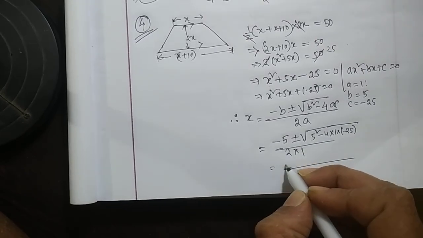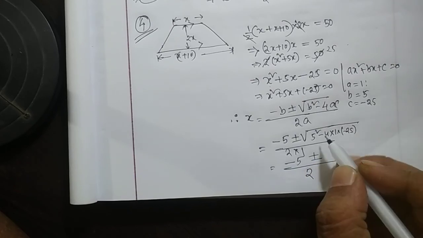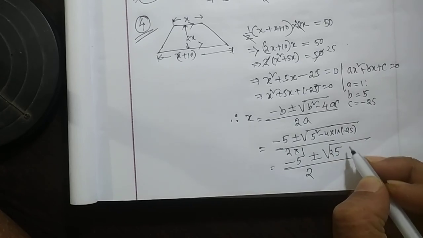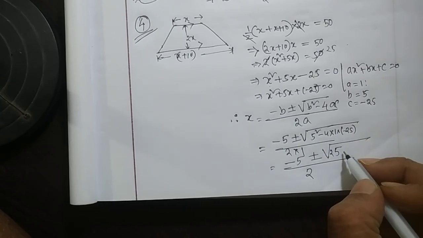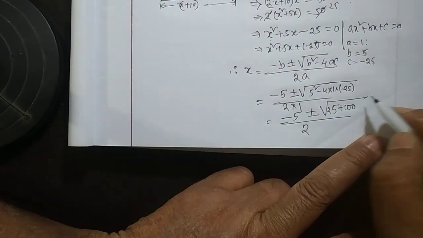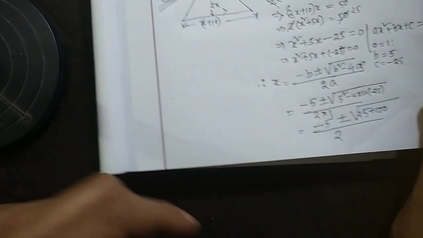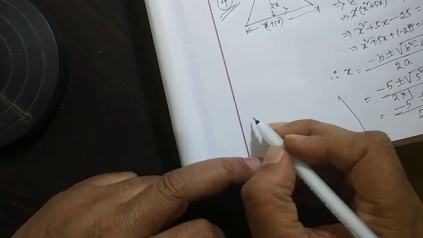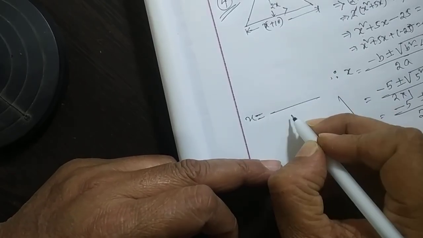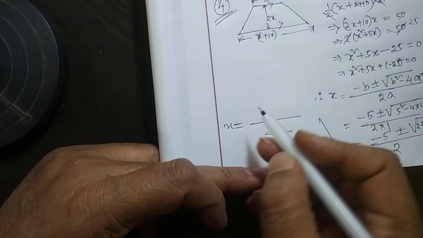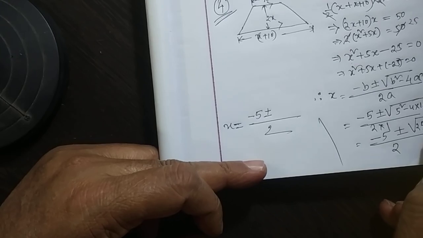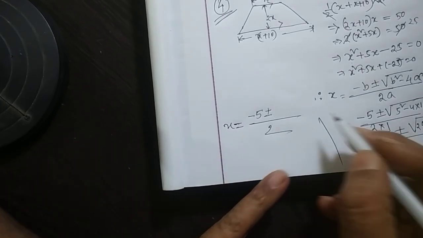Now 5 square is 25, and 4 multiplied by 25 is 100. So we can write x is equal to, in the denominator we have 2, on the right side we have minus 5 plus minus square root of 125.